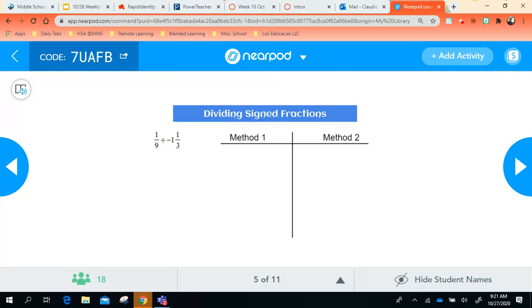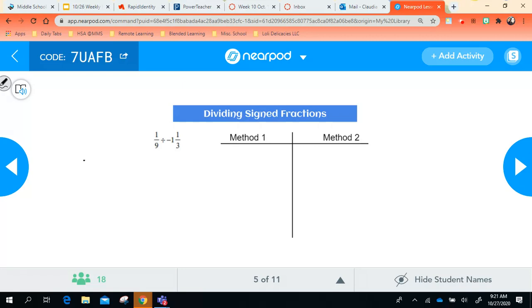Okay, so we have 1/9 divided by negative 1 1/3. So first thing I'm going to do before I even start with either of my methods, I don't want to work it out with a mixed number. I want to work it out with an improper fraction because that's going to make more sense to me.